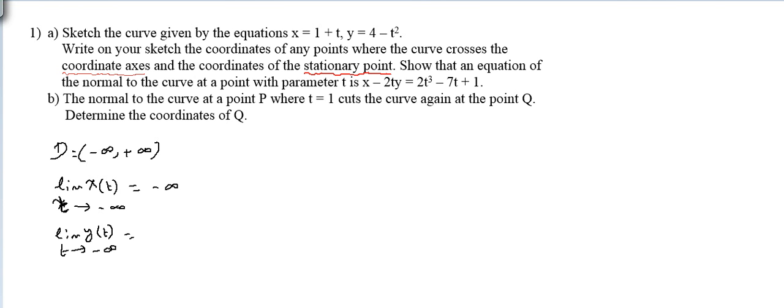T squared is minus infinity squared, which is positive infinity, times minus, it's also minus infinity. What does that mean? This means the curve starts, emanates, from which corner? From minus infinity abscissa, minus infinity ordinate, south, right? So it's from the southeast corner. Sorry, southwest corner.